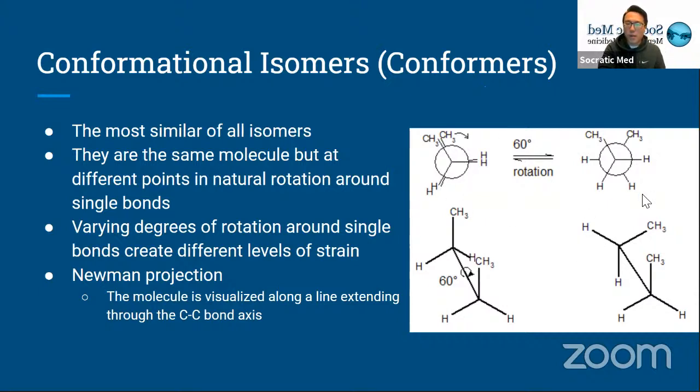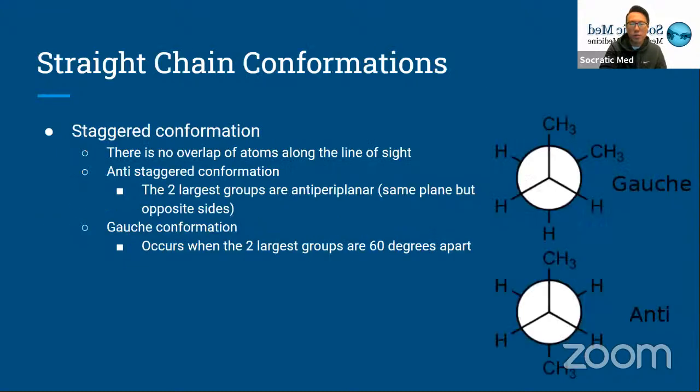The left and the right are both the same molecule, but they differ in how the bond rotates, at which point of the bond rotation the molecules are in. So that's conformational isomers. They have different conformations that they can be in.